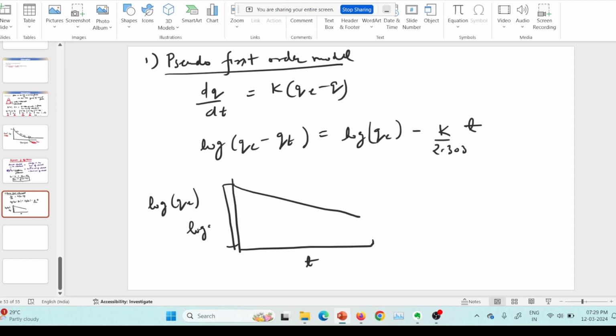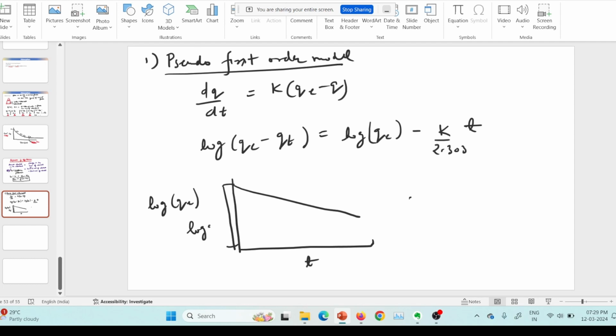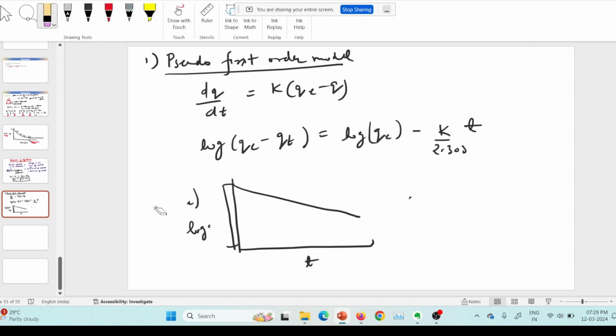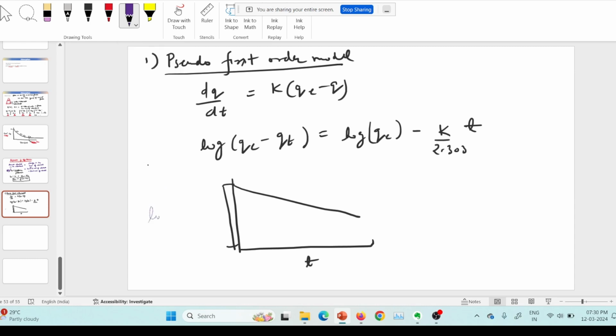No, it should be plotted between log qe minus qt versus time, and this intercept will be log qe.